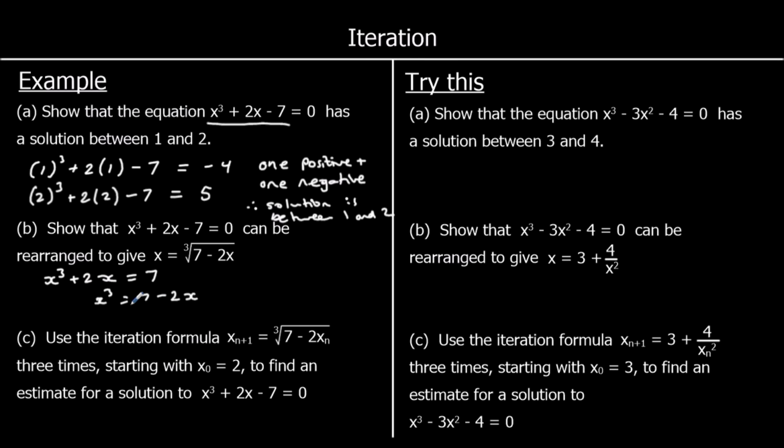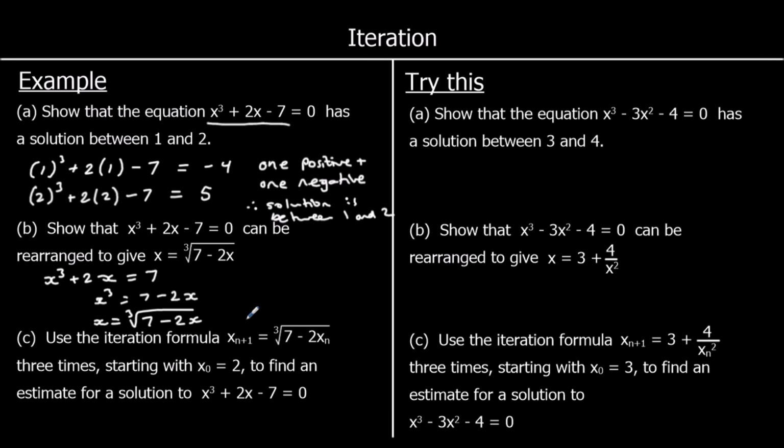We'll get x cubed equals 7 minus 2x, and then cube root both sides. We have rearranged to get x equals the cube root of 7 minus 2x.